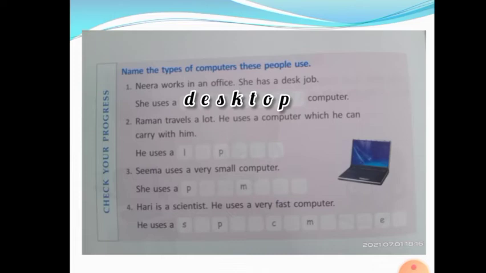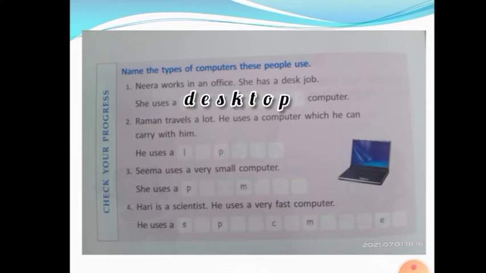So, we should write the spelling for the desktop in the missing boxes. Right? They give only D and K, so you have to write the remaining letters of the desktop. What's the spelling for the desktop? D E S K T O P. Good.